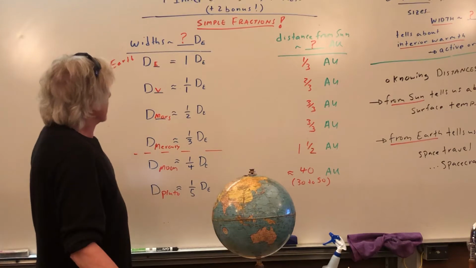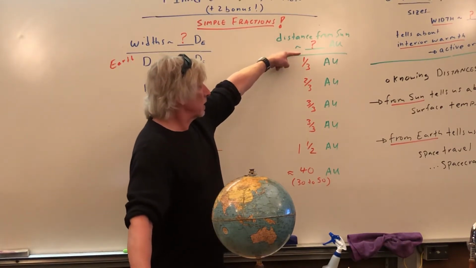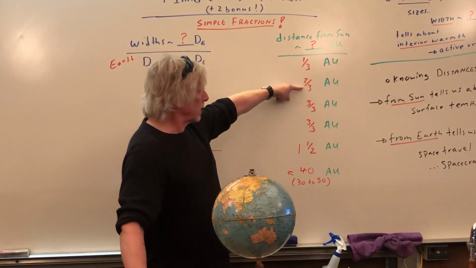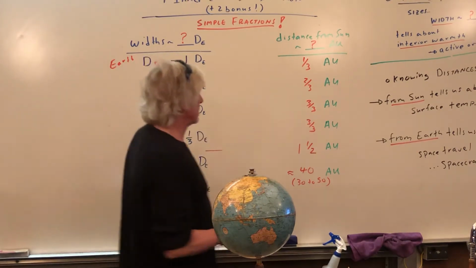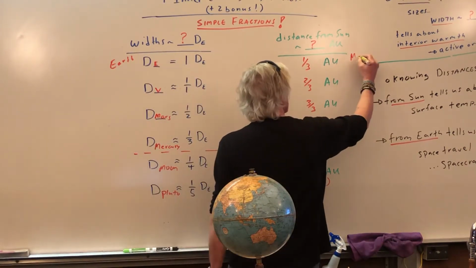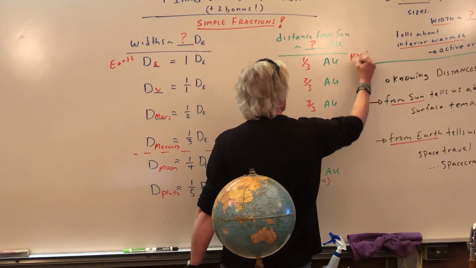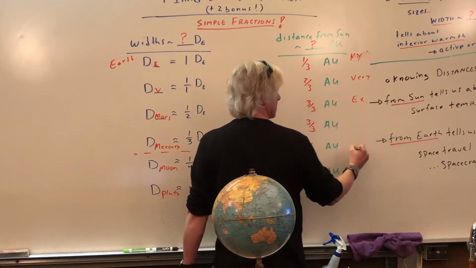So where are we? Oh, look at that, it's in the order from sun. Closest to sun, my, very, excellent. Wait, what's that? My, let me just write that. My, very, excellent.